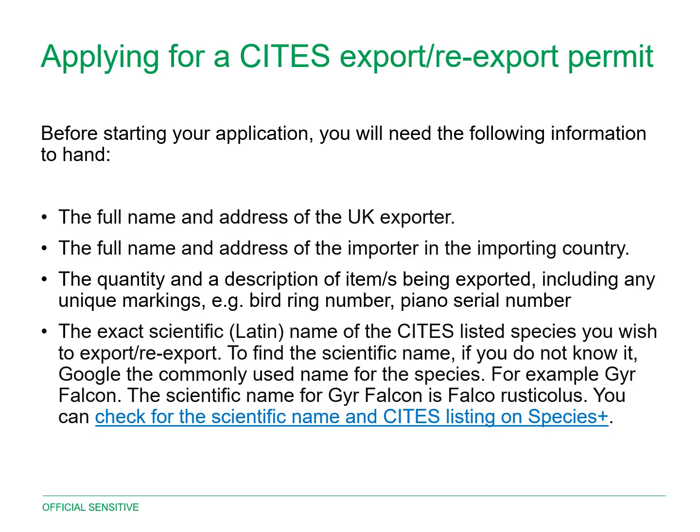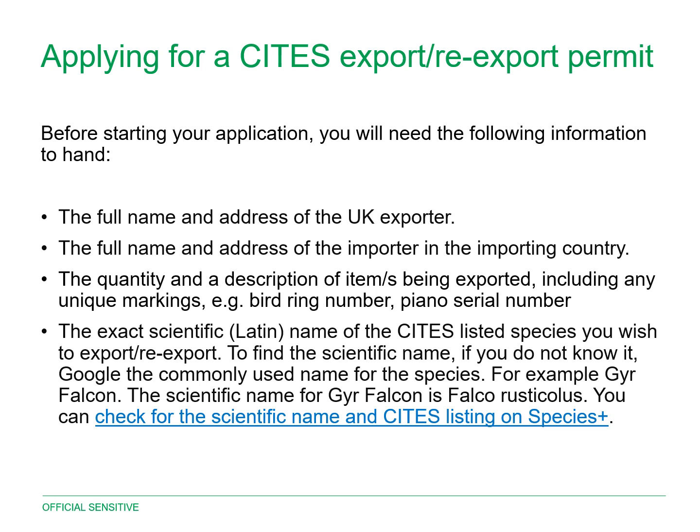Before starting your application, you will need the following information to hand: the full name and address of the UK exporter. These are your details or the details of the person or business you are applying on behalf of. The full name and address of the importer. These are the details of the person or business you are exporting the items to.